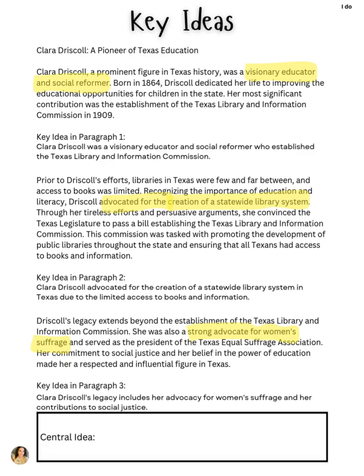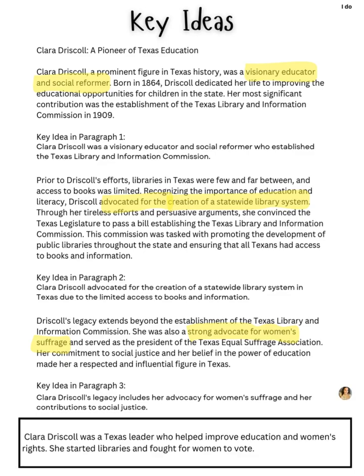And lucky for us, I really think this last sentence in that paragraph summarized what this whole passage was about. So I think that's our central idea: that she was a leader who helped improve education and women's rights.